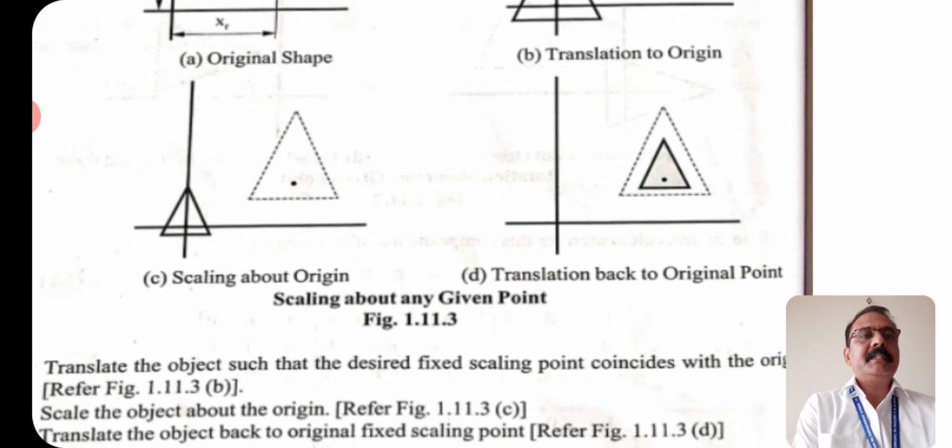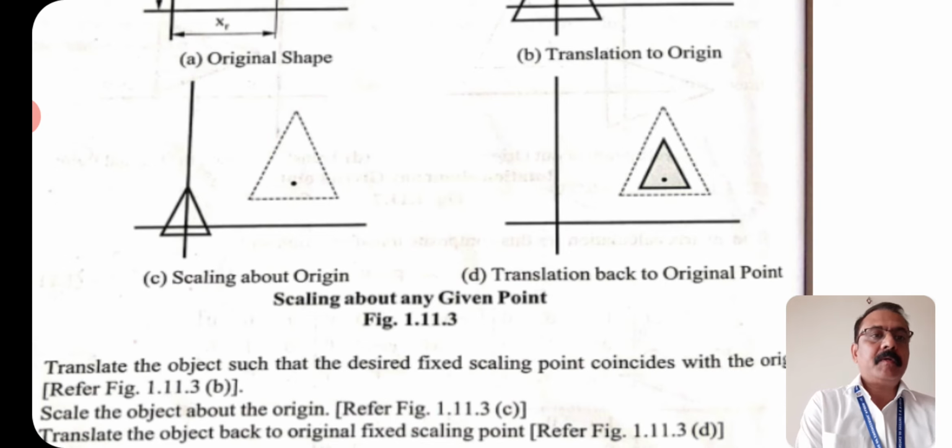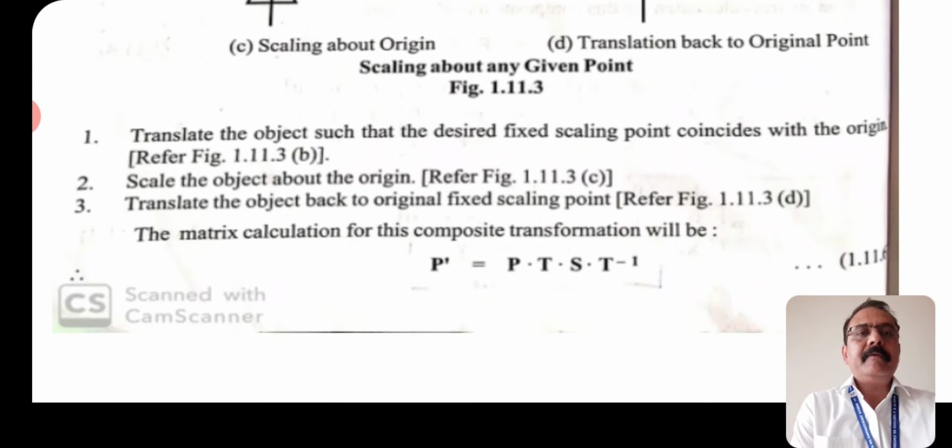Therefore the operations are first translation, then scaling, and third inverse translation. This is the sequence of operations to be performed on any object while scaling it about any arbitrarily given point.